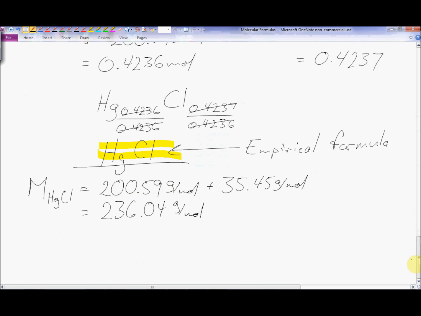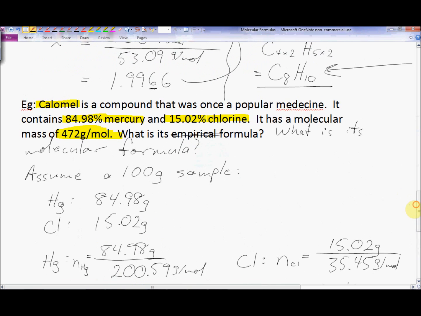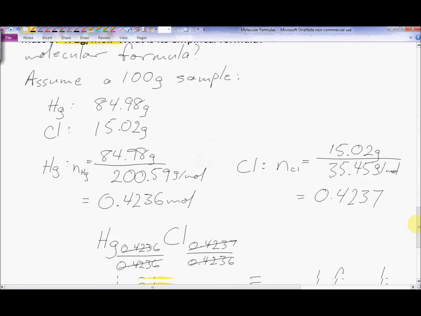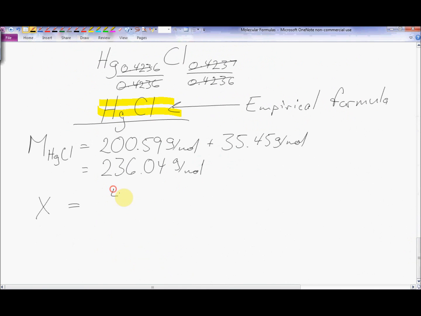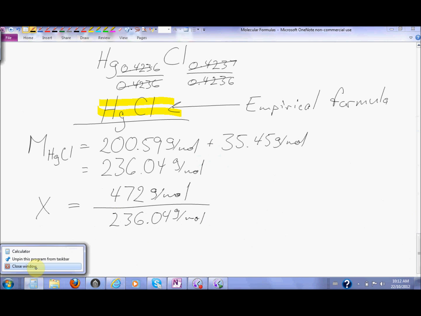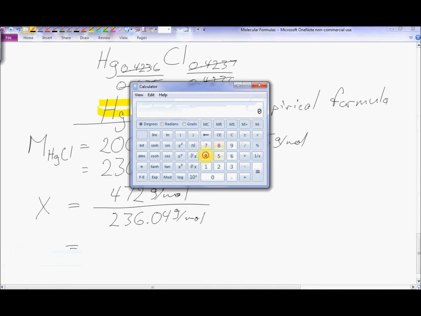To calculate our X value, we're going to divide 472 grams per mole, our molecular molar mass, by our empirical formula molar mass, 236.04 grams per mole. 472 divided by 236 equals pretty much 2.